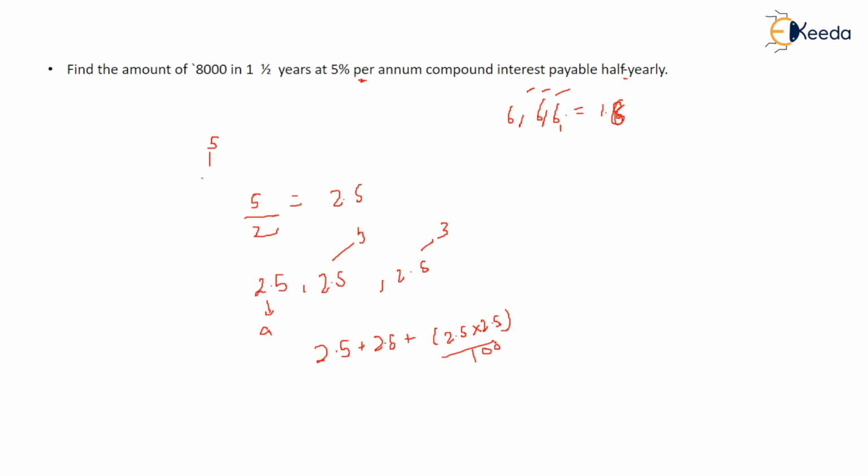Okay, after solving this, you will get the value, that is 2.5 plus 2.5, that is 5, and 2.5 into 2.5, this value comes out to be 5.0625. Okay, and again you have to add the next period's value. This now becomes the new a, and this becomes b because this is remaining, so you have to add it.